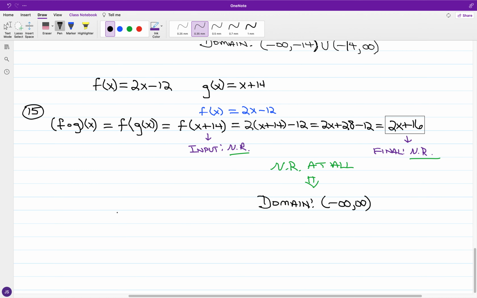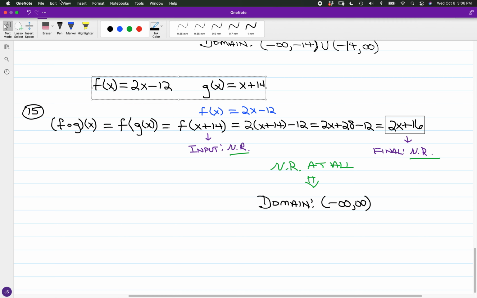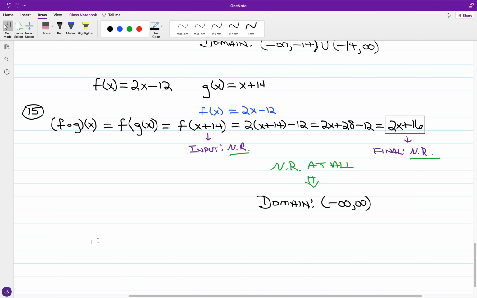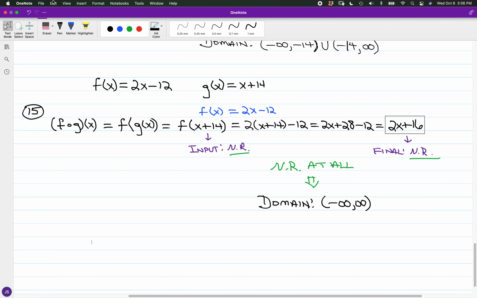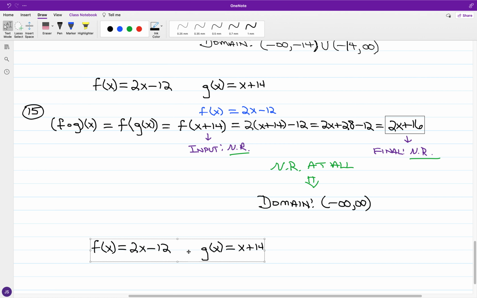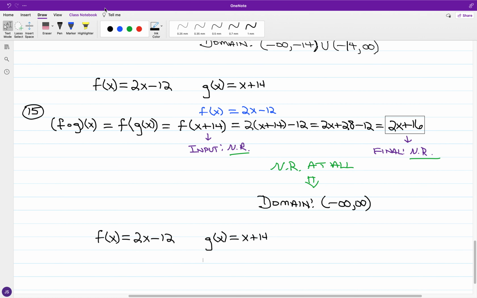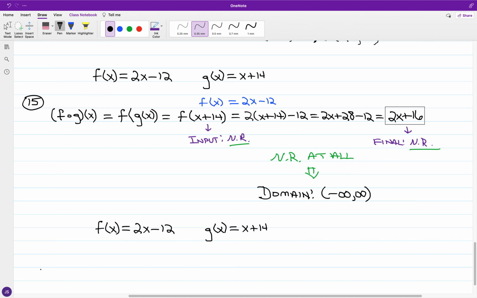And taking what we have in the case of number 16, you have, again, the other composition, we have the reverse of the order of the functions f and g. And for what we have in 16, you have g composed with f of x.